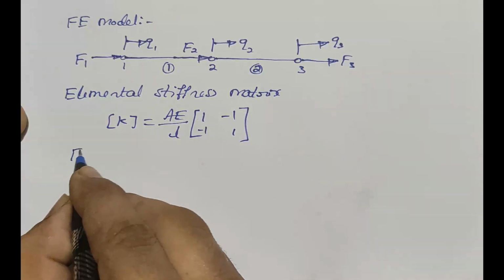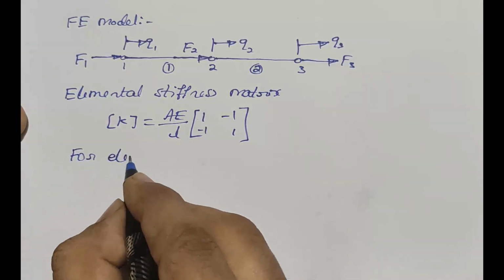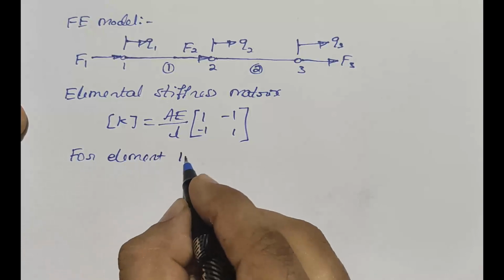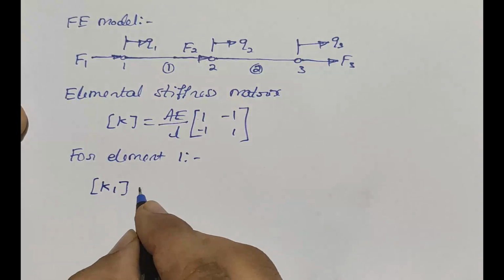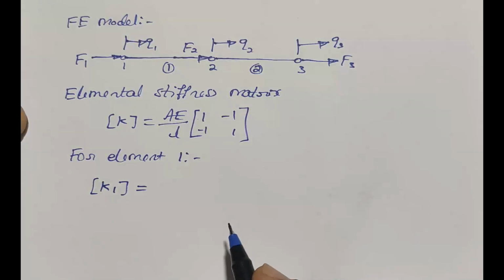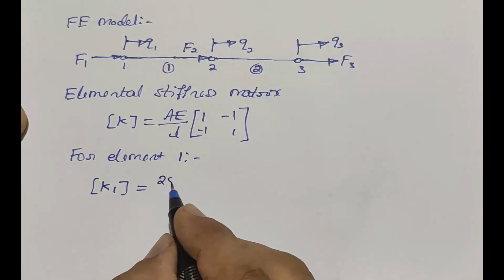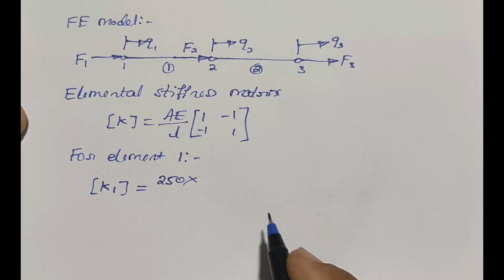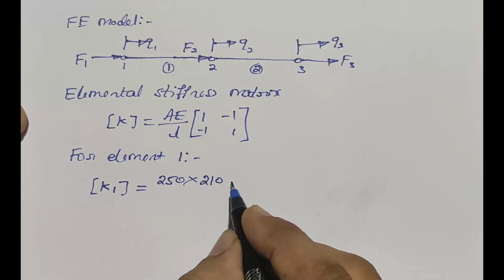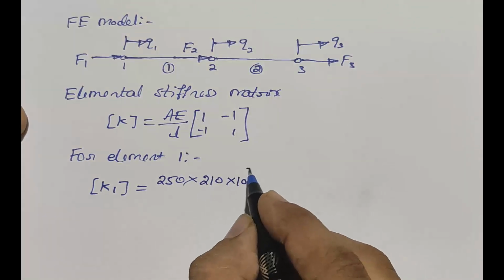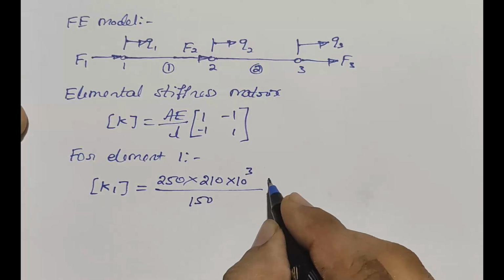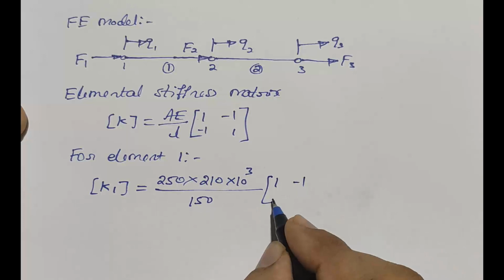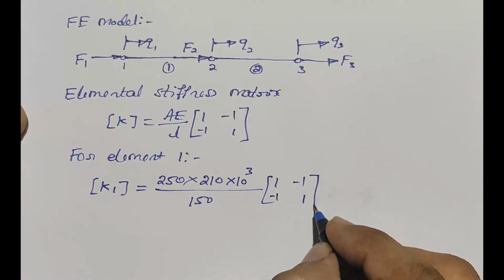So for element 1, K1 will be equal to the area, it is 250 mm square, Young's modulus is 210 GPa into 10 power 3 by the length, it is 150 mm, [1 -1; -1 1].